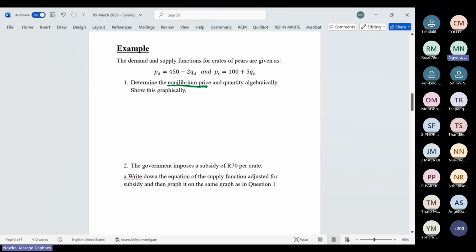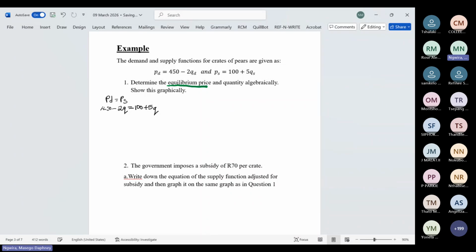So I'm doing the same thing again. This will be PD is equals to PS. PD is 450 minus 2Q, is equals to 100 plus 5Q.